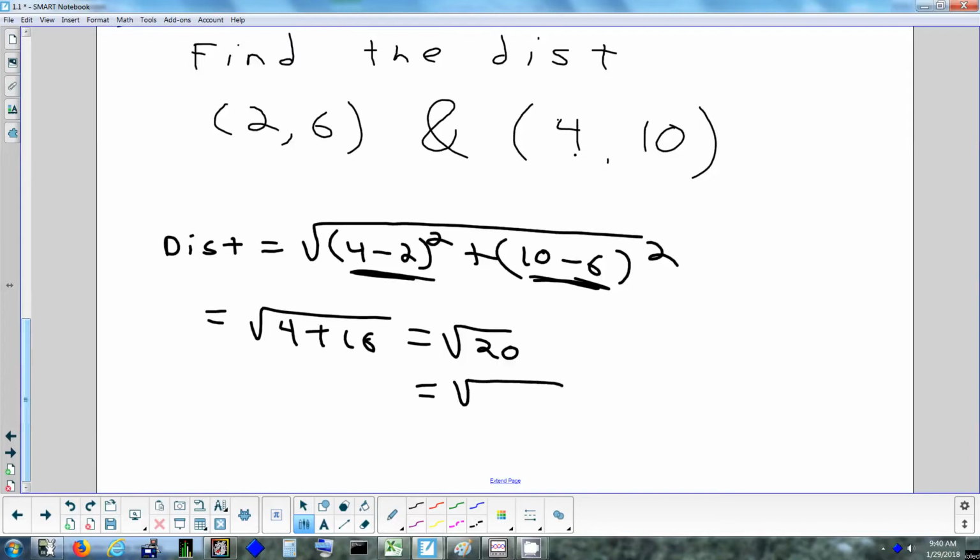you can break up the number 20, and I would break it up as 4 times 5. You try to factor the number 20 so that one of the numbers is a perfect square. Perfect square means it's a number you can take the square root of in your head.